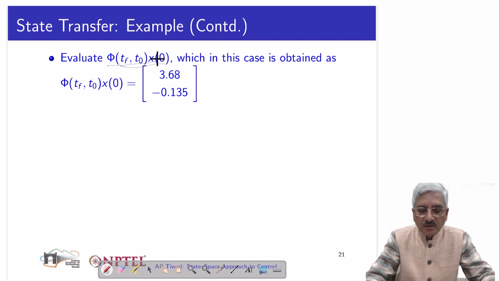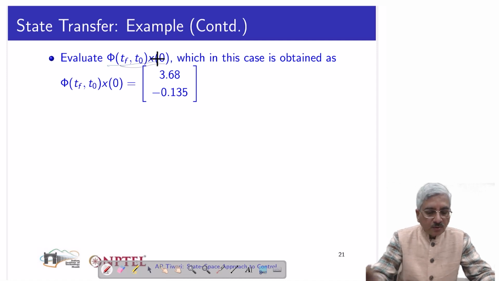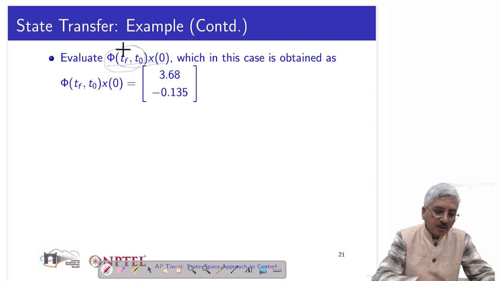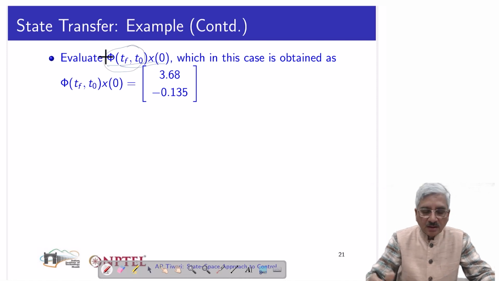phi(tf, t0) x0. Of course phi has to be evaluated using the matrix exponential e to the power A(tf minus t0). Tf is 2 and t0 is 0, so e to the power 2A. We are given A, so phi can be evaluated.